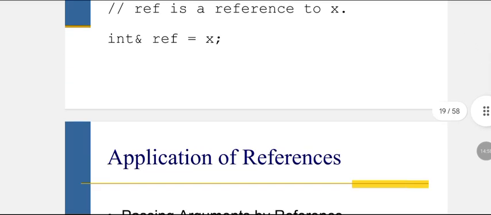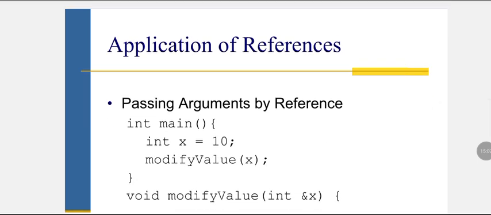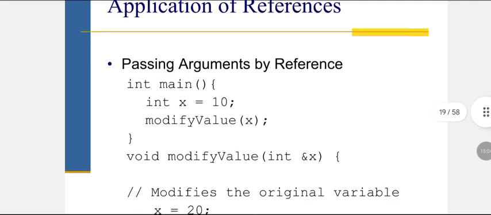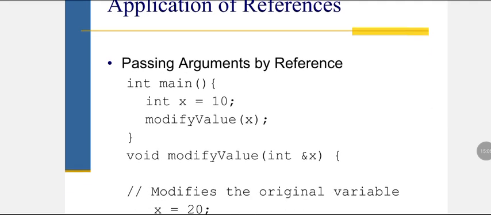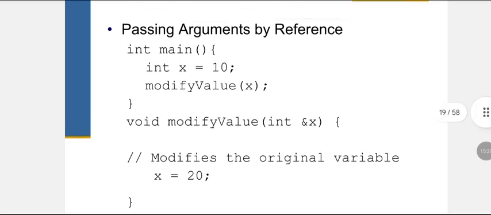Then we move on to application of reference. Now, one, we have passing argument by reference. I can see in the example here, we have our function as the int main. Inside the function, we have our data type, then the value indicated as reference, then equals to our variable or our value.